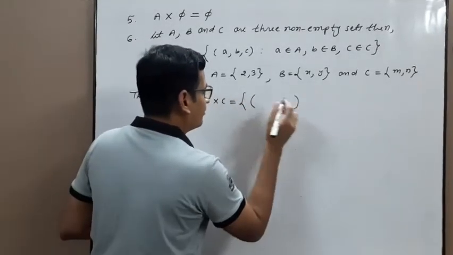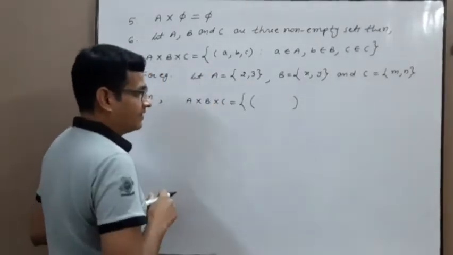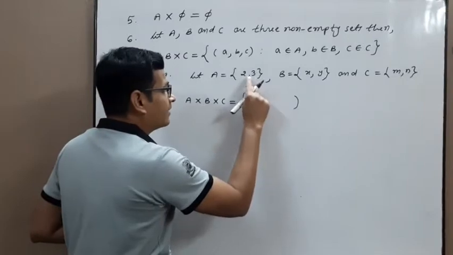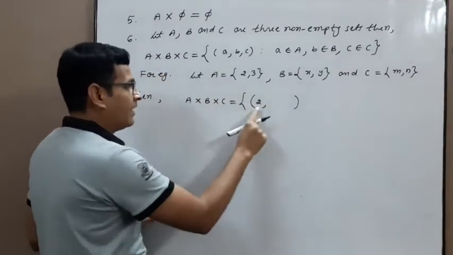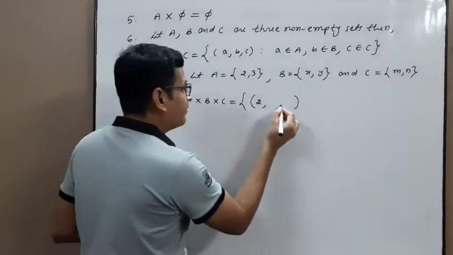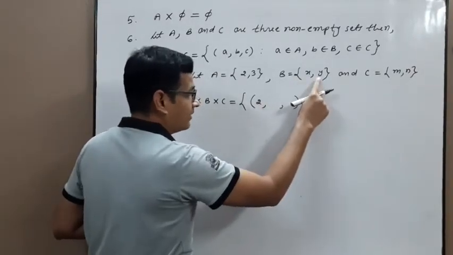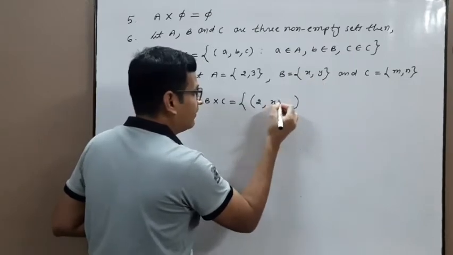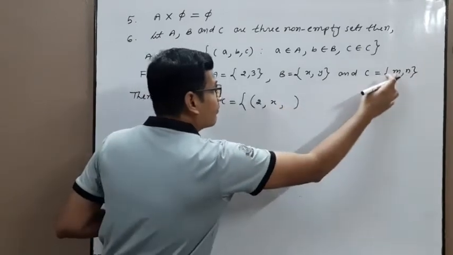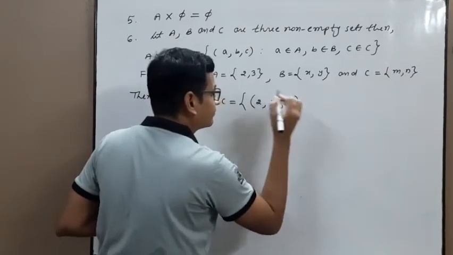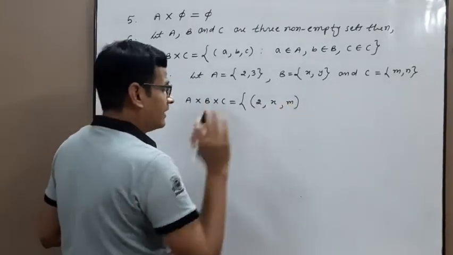First element belongs to the first set. In the first set there are 2 elements, means the first place can be filled by either 2 or 3. First we fill by 2. Then the second place can be filled by either x or y. So we can fill x, and then the third place by m. In this way we have to fill all the places.